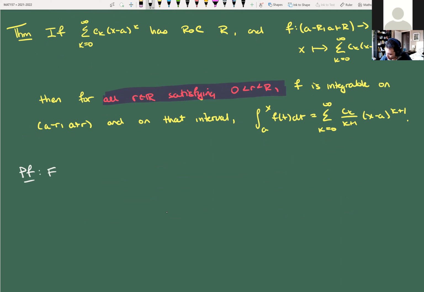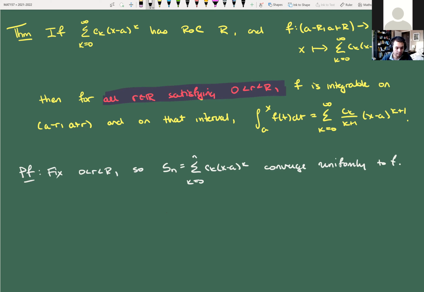Okay, so fix 0 less than r less than R. So these partial sums, the sum of c_k (x minus a)^k, converge uniformly to f, right?